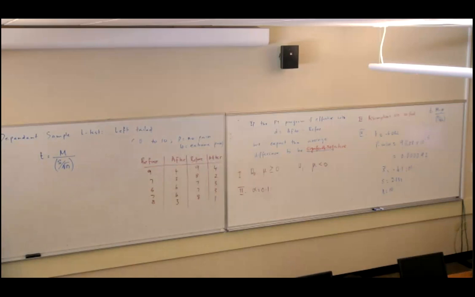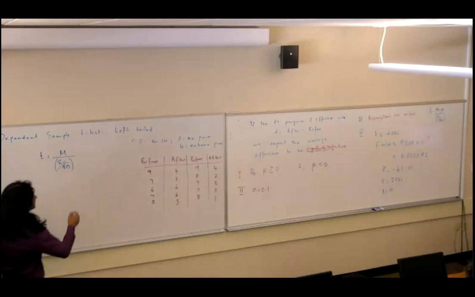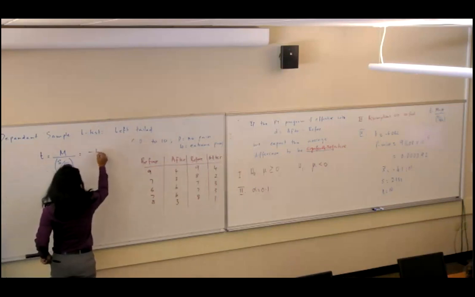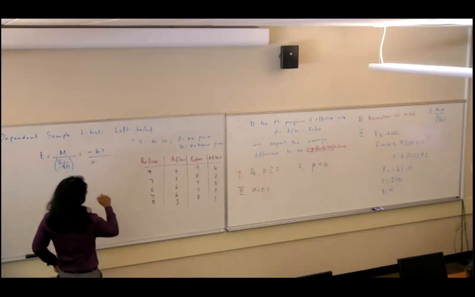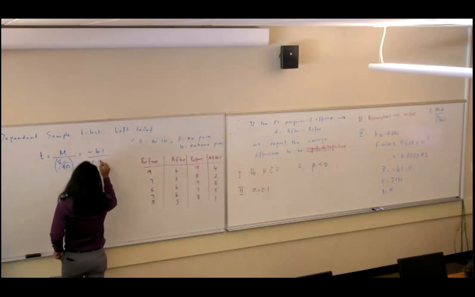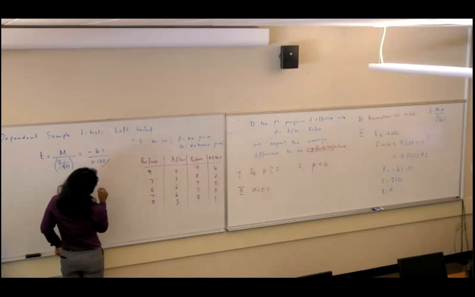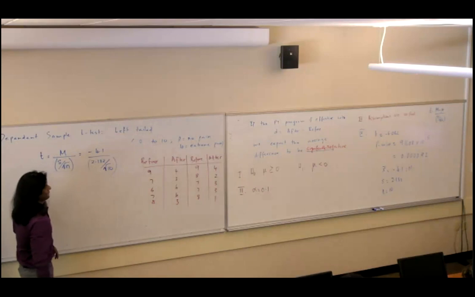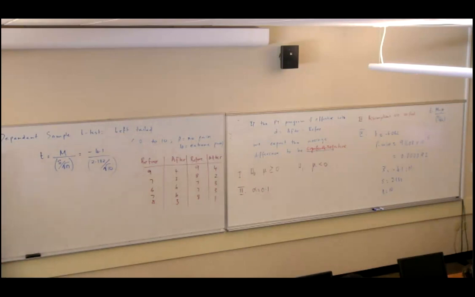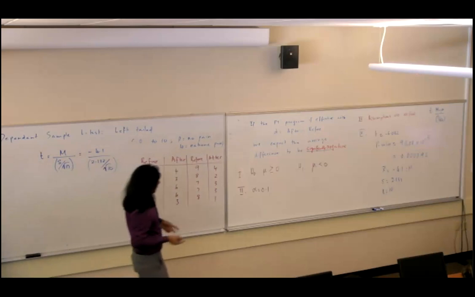It's negative 4.1 divided by s, 2.0132 over square root of 10. Negative 6.0821. Negative 6.082.